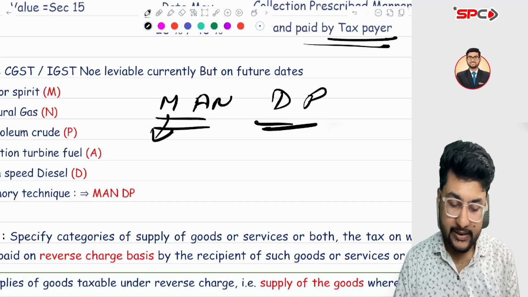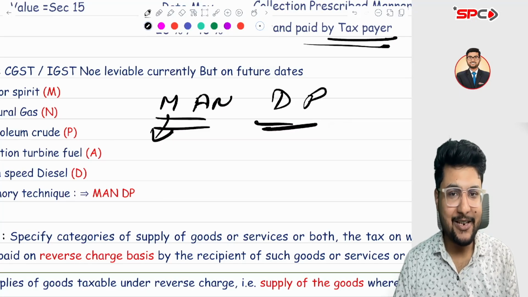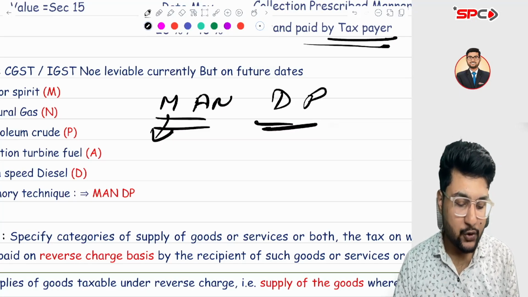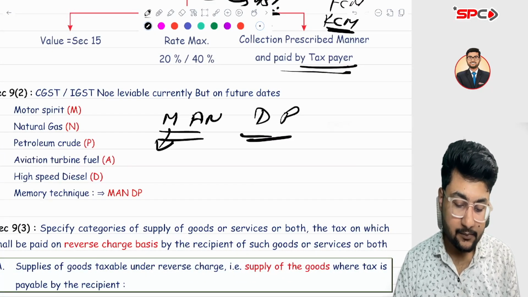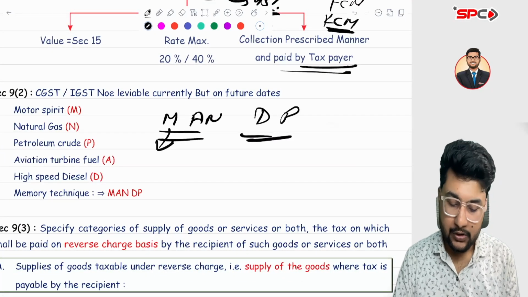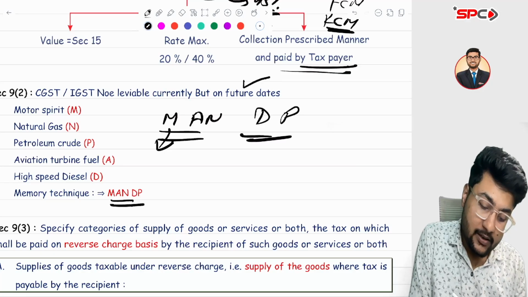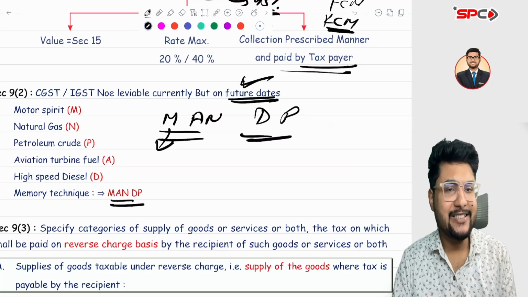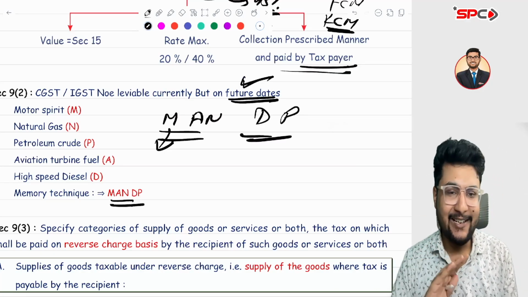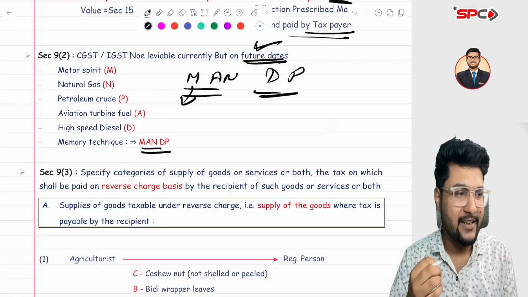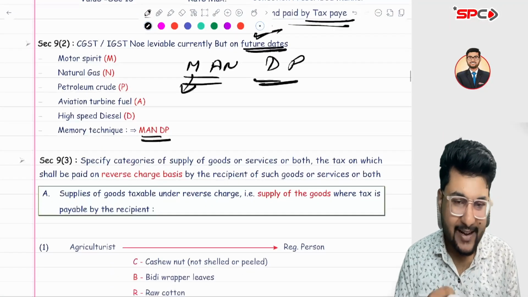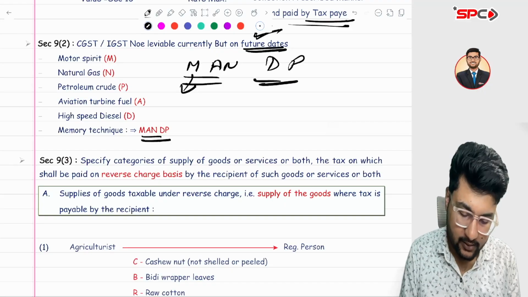M means motor spirit, A aviation turbine fuel, N natural gas, D diesel, P petroleum crude. So MANDP, these are the products which will be taxable under GST on a future date. Currently they are exempt from GST, because VAT and other state taxes already apply on them.